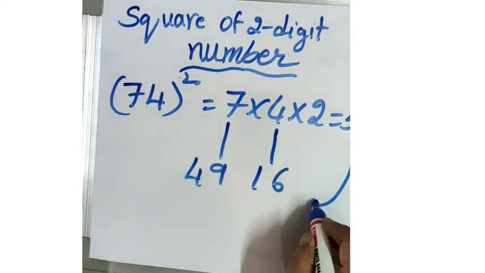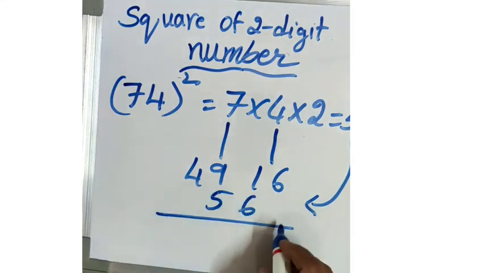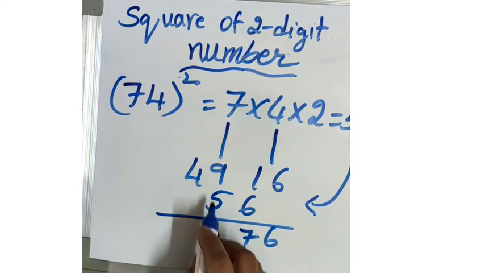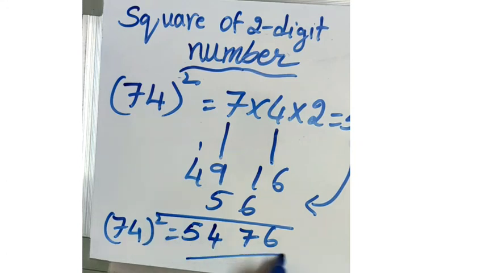Now write this number below this. 56. Now what is the answer we get? 6 plus 1 7. 9 plus 5 14. 4 plus 1 5. So 74 square is equal to 5476. Is my magical trick working or not?